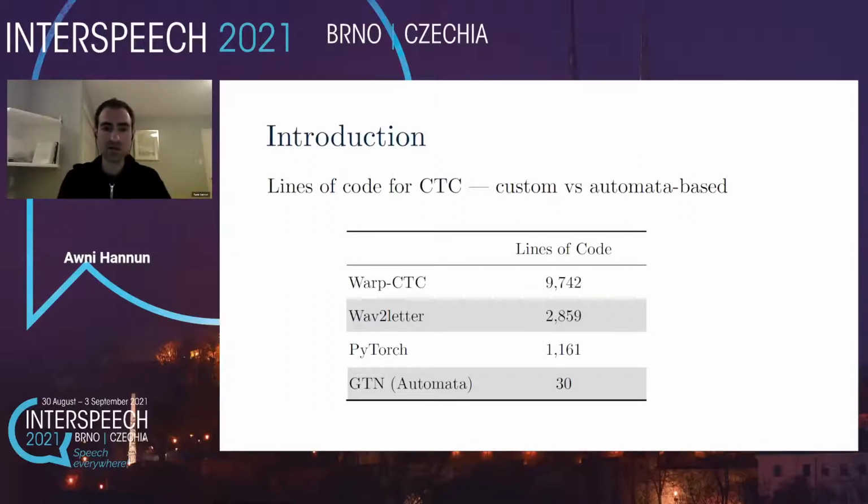So this is really a potentially very powerful concept. And the other benefit of this is that the same graphs that we used for training can also be used for decoding. So now you have a single code path where you don't necessarily have to re-implement your decoding algorithm from your training algorithm.